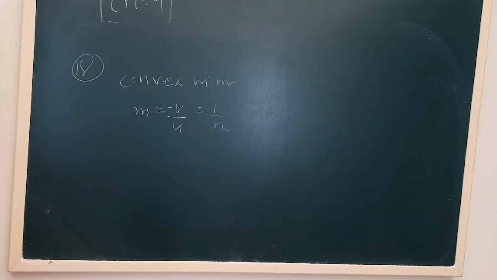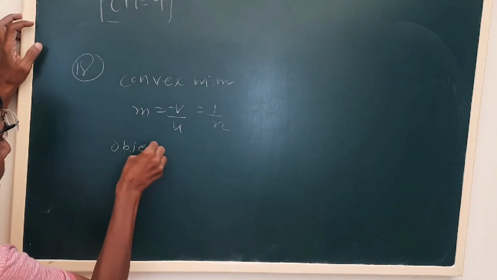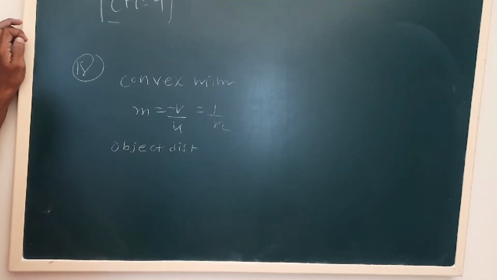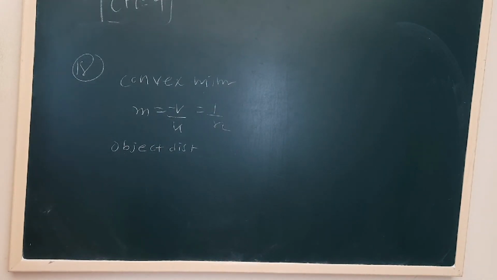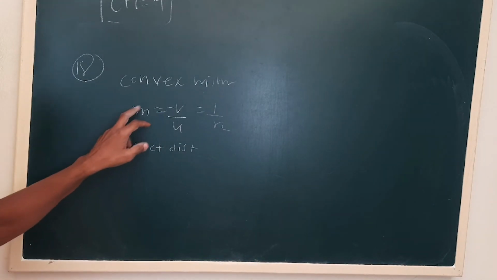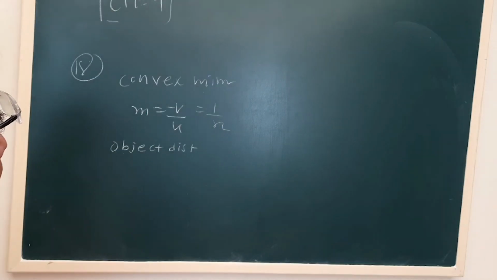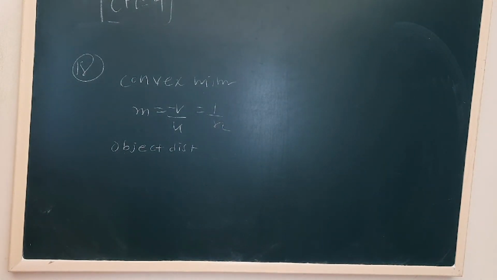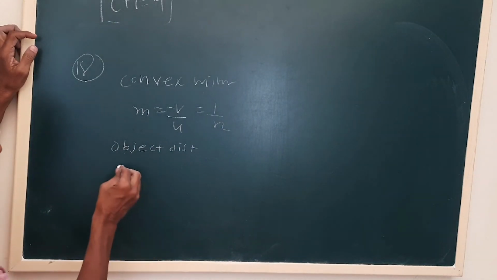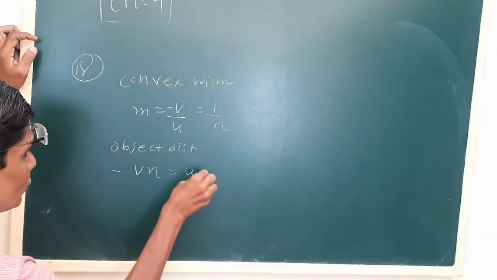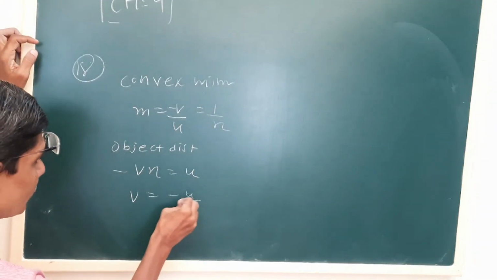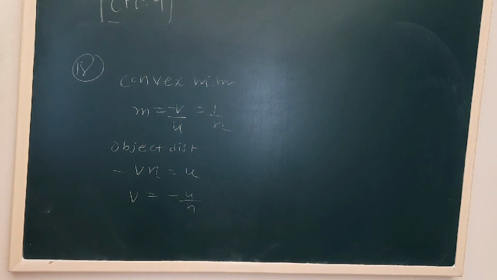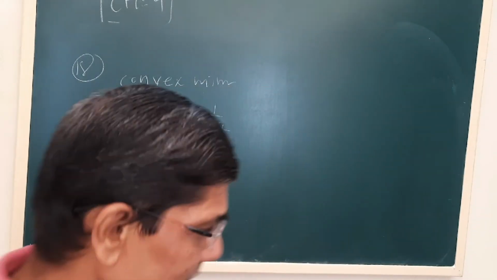Now what will be the object distance? See, for a mirror the formula for magnification is minus v by u. m is 1 by n, so v is equal to minus u upon n.